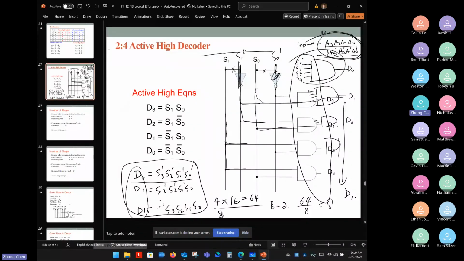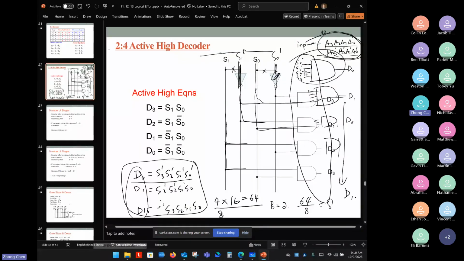For the next stage, you don't have any branching effort, because each output can either go through an inverter or another gate and then to the output, depending on how many stages we want to design. So the branching is only at the first stage. At the first stage, you have a total of 8 inputs here, and if we use a NAND gate or any other gate, you have to have 4 inputs.